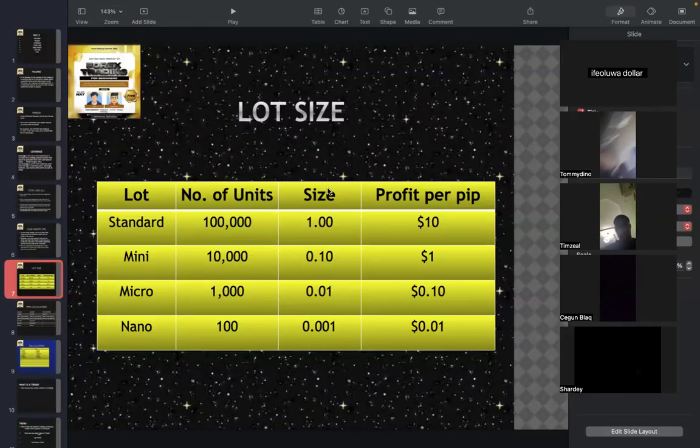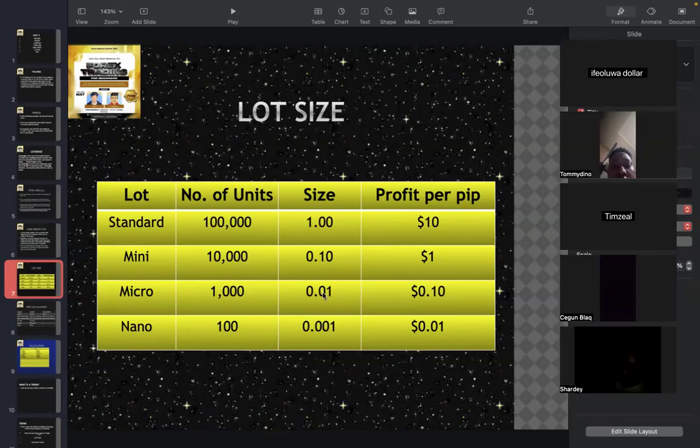But you see the nano, I don't think it really exists in forex. I think it can exist in commodities or indices and that kind of stuff. But the micro exists 100%, because of the profit per pip.